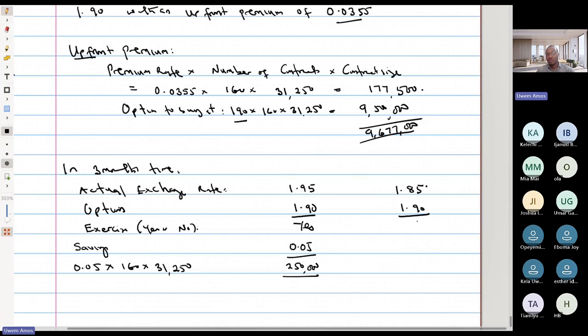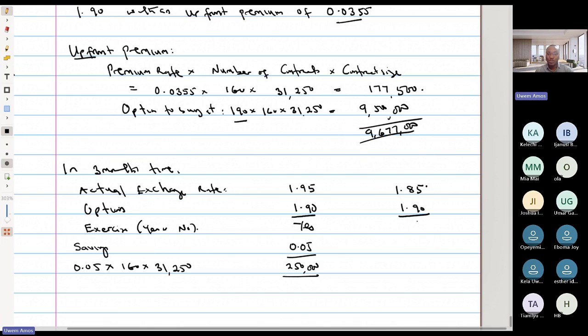And let's look at the next part. You have an option. Now, this part of the question is not part of our question. I'm just putting it to illustrate, just in case you have that extra bit. So you have an option to buy pounds at 1.90. But in the market, the pound is going at 1.85. What will you do? You don't have to overthink it. It's what everybody will do.